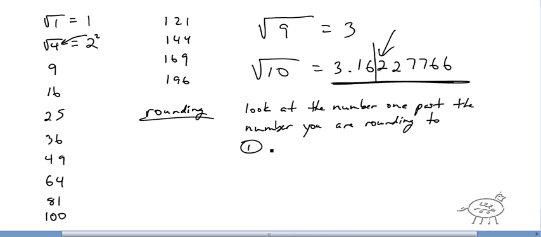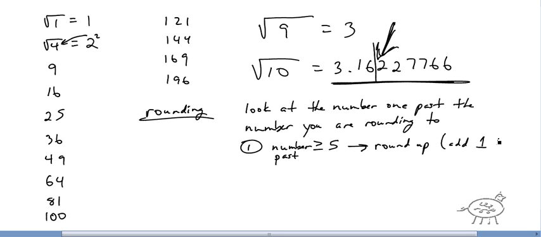So this is the deal. The first thing is if the number is greater than or equal to 5, so 5 and higher, I guess I should say this is the number past. Okay, so this is the past, this is like the 2 in here, the one I just drew the arrow on right there. Okay, if that number past is greater than or equal to 5, then you round up, or you add 1 to the number.